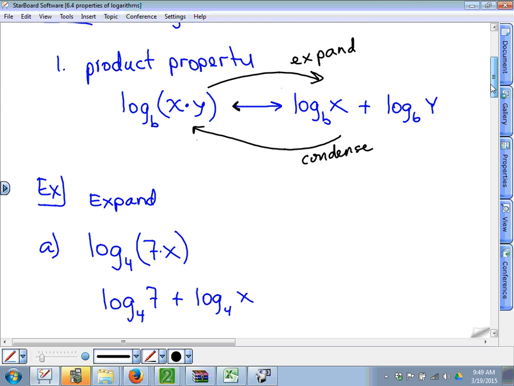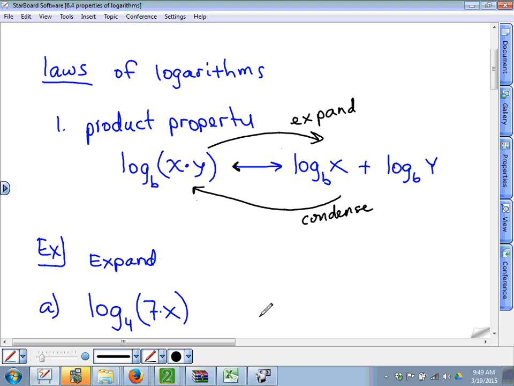Try this one. Go. Log base 3 of 9y. Come on. Log base 3 of 9y.